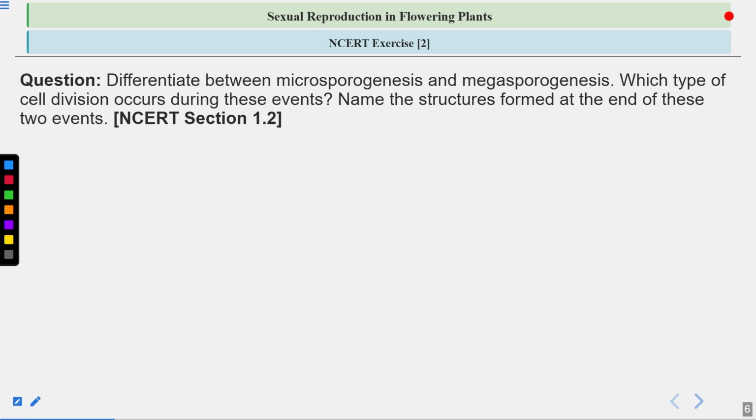Name the structures formed at the end of these two events, microsporogenesis and megasporogenesis. This question is also based on NCERT section 1.2. So first of all, you have to differentiate microsporogenesis and megasporogenesis, right?